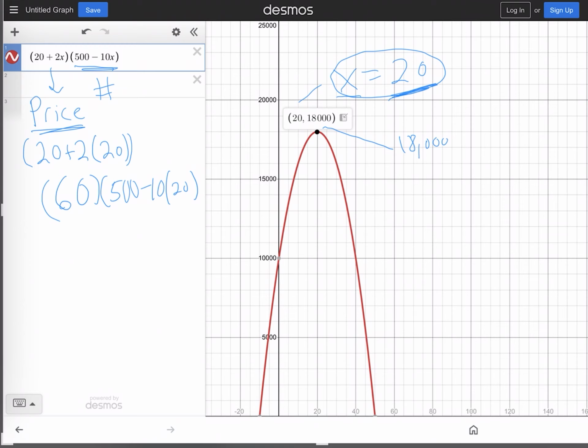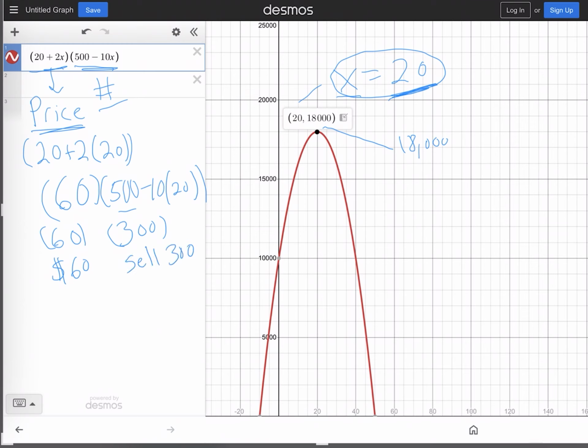We're using x equals 20, the x coordinate, for both of these parentheses, for the price and for the number sold. So the number sold is going to be, we had the 500, now we're doing minus 10 times 20, so minus 200. That means you're going to have 300 tickets sold. $60 price, that's the price of the ticket we need to have, and then we're going to sell 300.